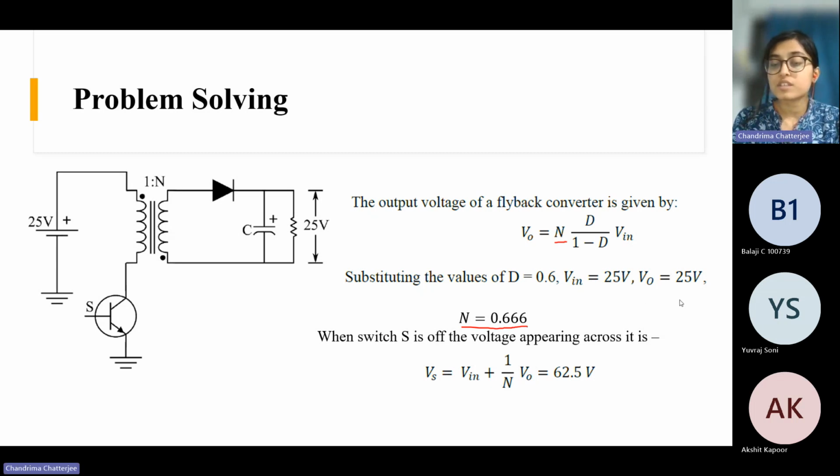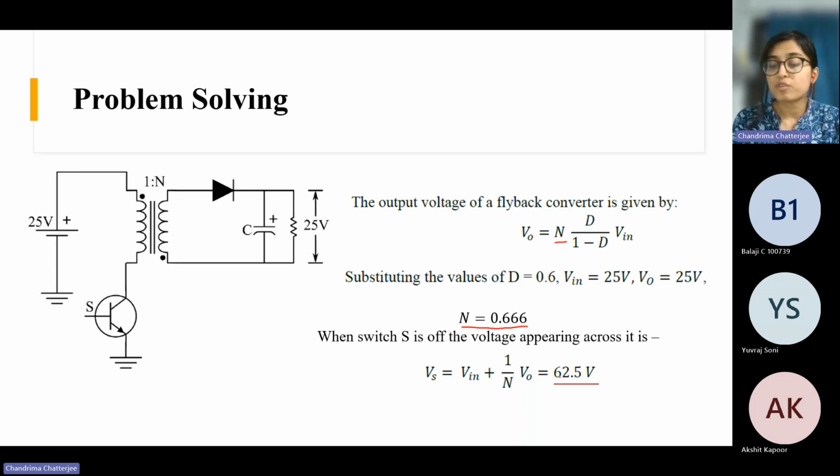And when the switch is off, the voltage across the switch is input voltage plus V naught by N. So we know N, this is 25 and N is this. So this comes out to be 62.5 volt.